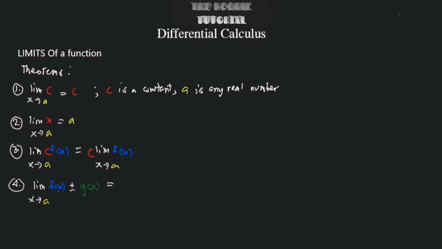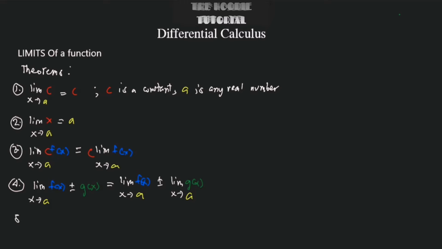We just evaluate the limit of each function, and then either add or subtract. So first, the limit of the function f of x as x approaches a, where a represents any real number, plus or minus the limit of the other function g of x as x approaches a. So right now we only have 4 theorems.